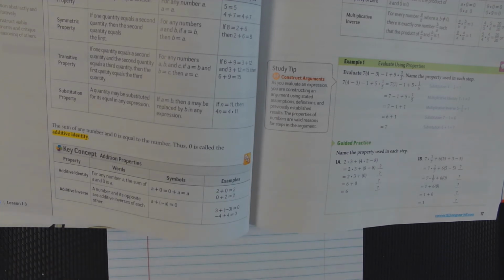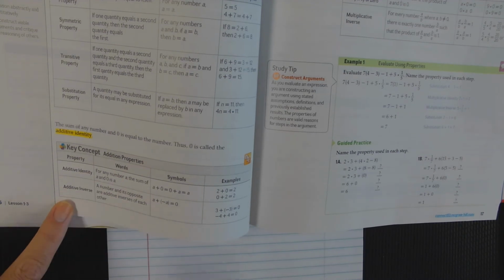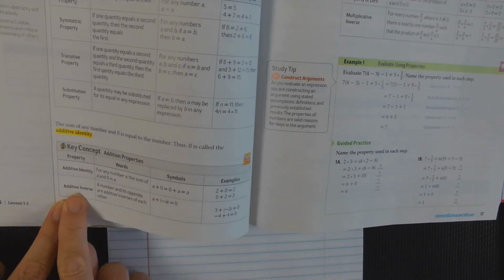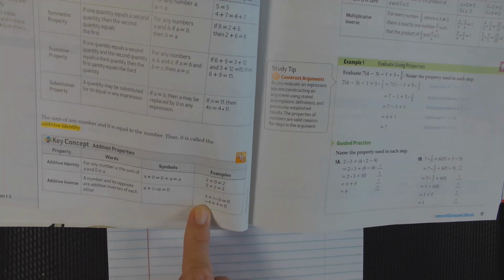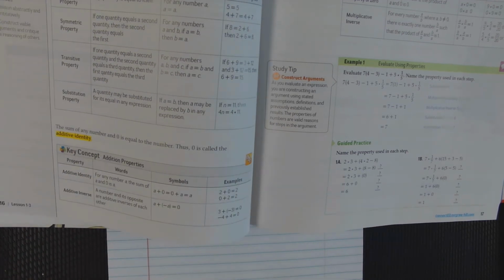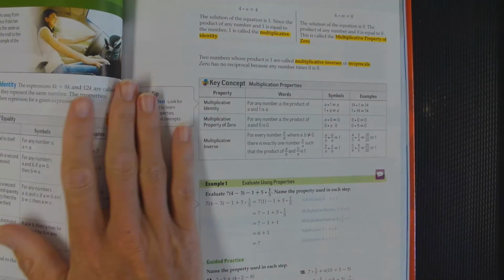There's just a name for it, and it's called additive identity. Additive inverse is kind of the opposite. So what's the opposite of 5? Negative 5. So if you have 5 and negative 5, they're going to equal what? 0. 3, negative 3 will always equal 0. 25, negative 25 will always equal 0. Okay? Aren't you glad we're not testing on this? Okay.